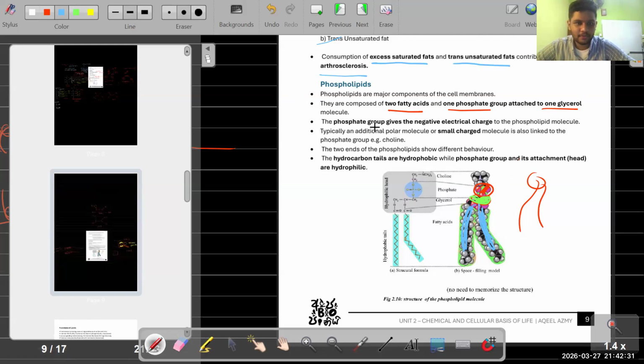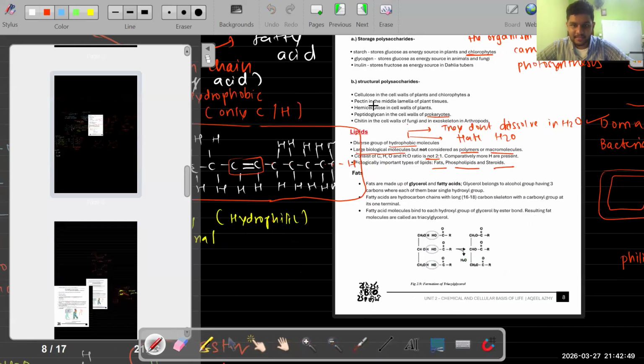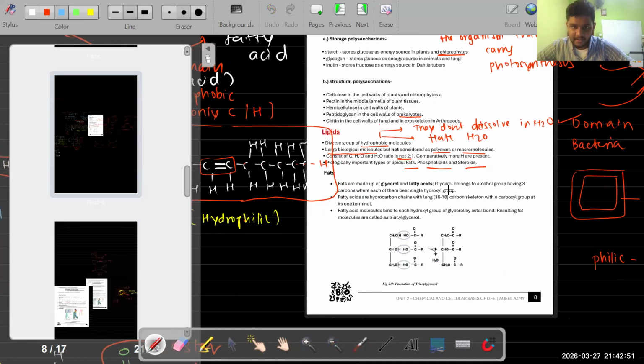Is the second point clear to you? This is a phospholipid molecule. It contains a choline molecule, a phosphate group, a glycerol molecule, and fatty acids. Now, don't confuse this with fat. Now, here, this is different. This is fat.